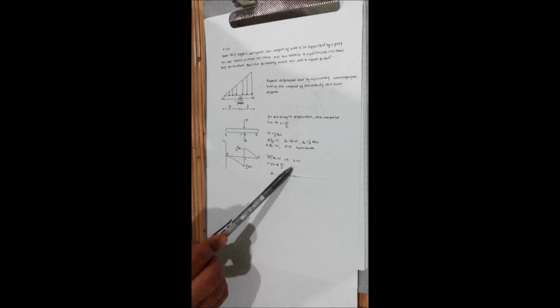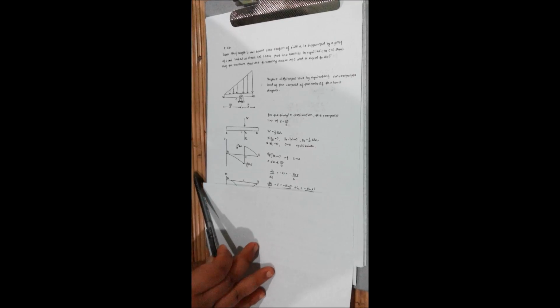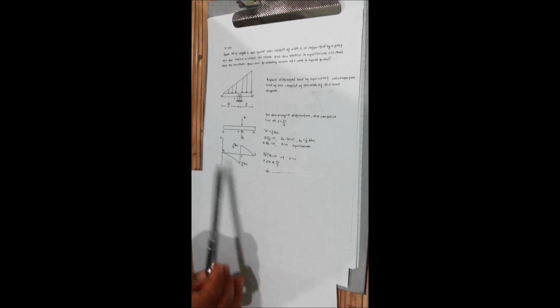Find the sum of Fx and moment. After that, find V0, with M equal to 0 at x equal to 0. We got this graph. Continue the work.